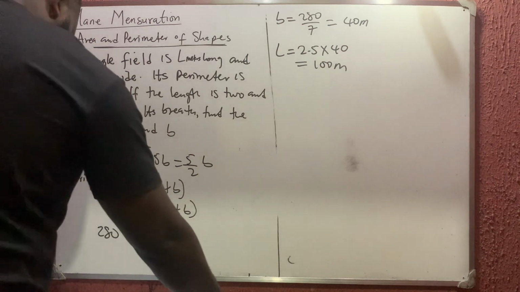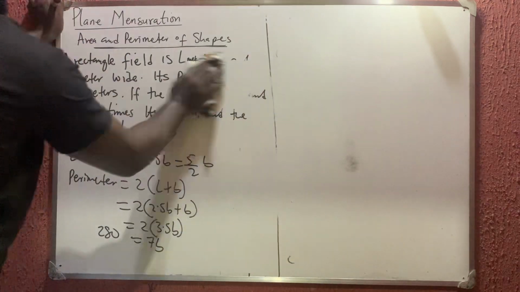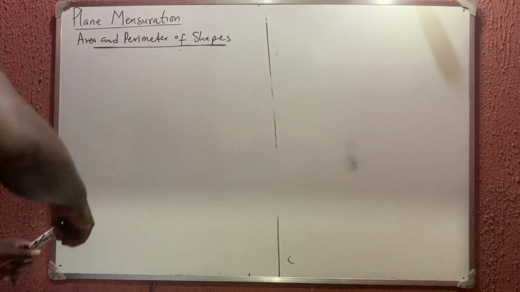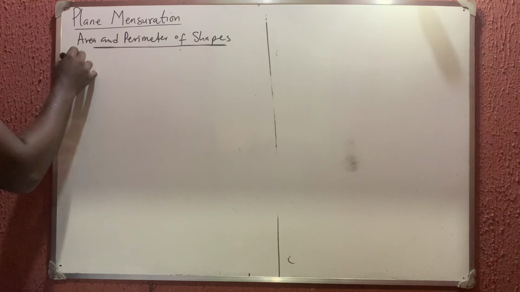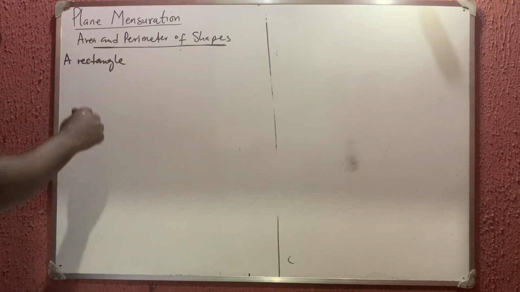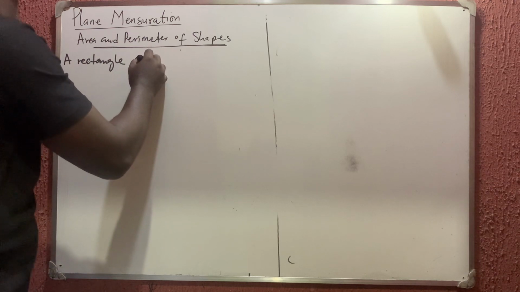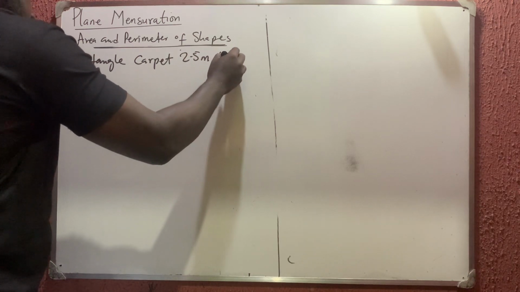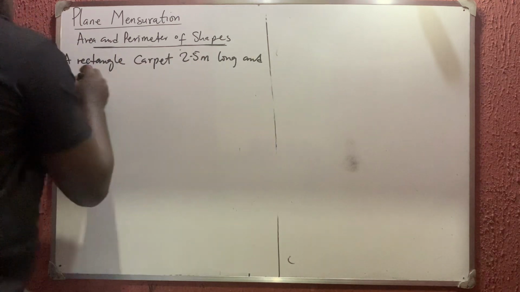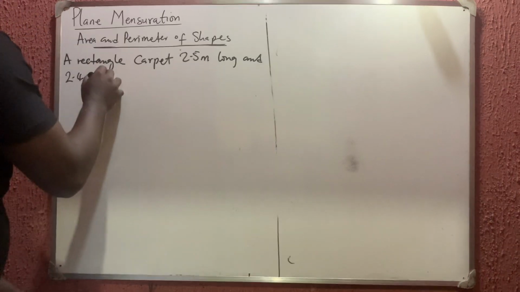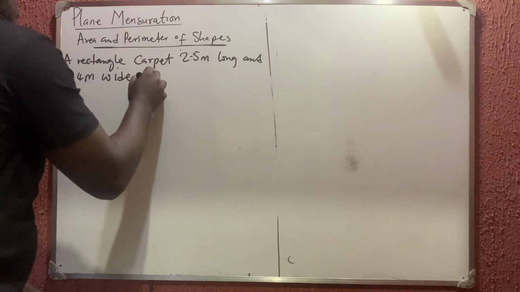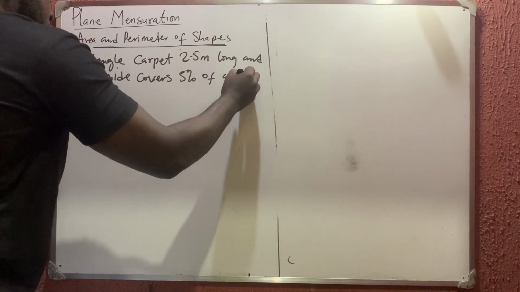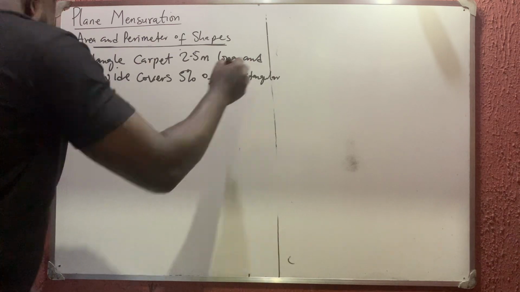So we'll go to the next question. The next question said a rectangular carpet, 2.5 meter long and 2.4 meter wide, covers just 5% of a rectangular floor.